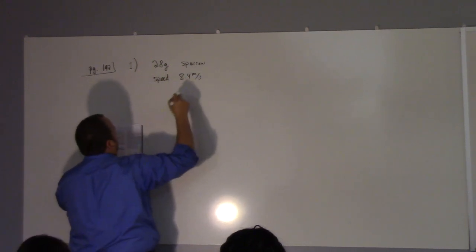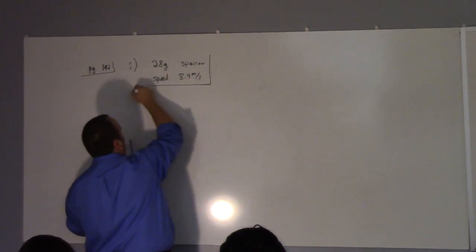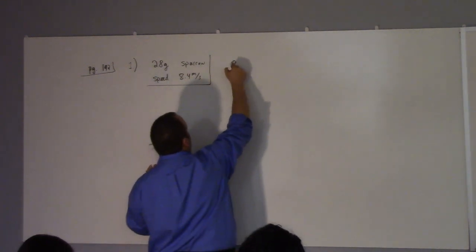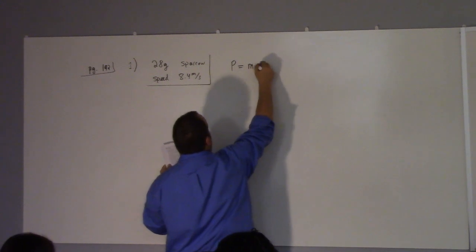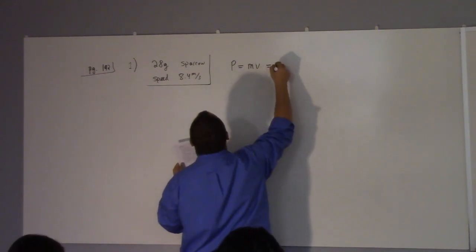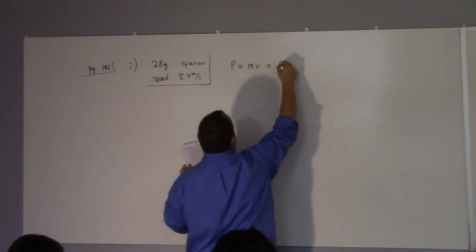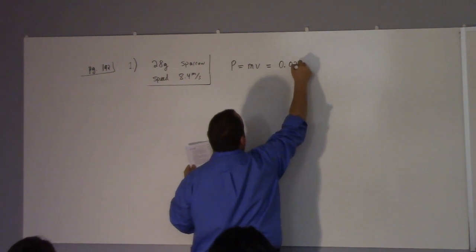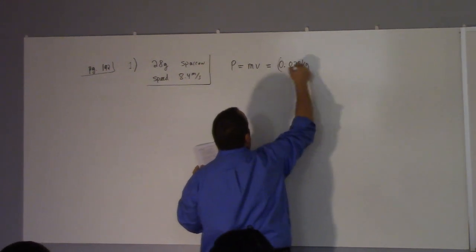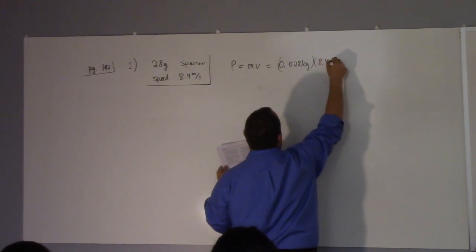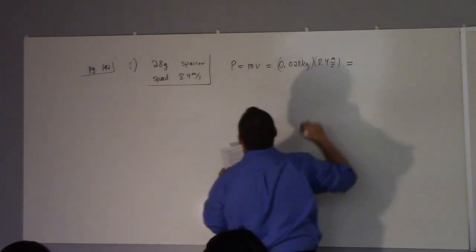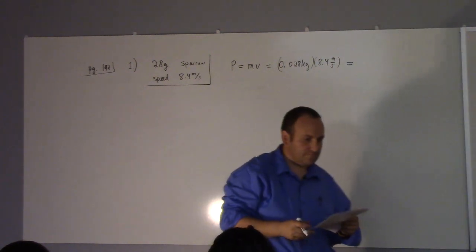This one I'm kind of embarrassed to even be writing out on the board, but this is a good test question. So 28 grams, let's rewrite that as 0.028 kilograms, and 8.4 meters per second. So what's that work out to?